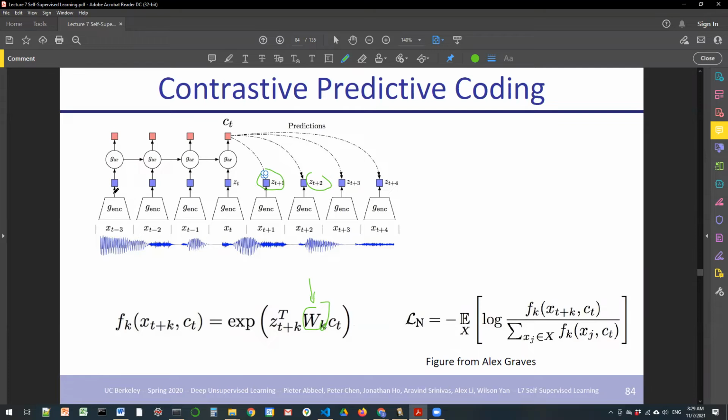So we are forcing the representations learned by this encoder to be able to predict these various time steps in one go, in one shot. That is, it has to do well not just in predicting the first time step, but the first, the second, the third, the fourth, and so on.